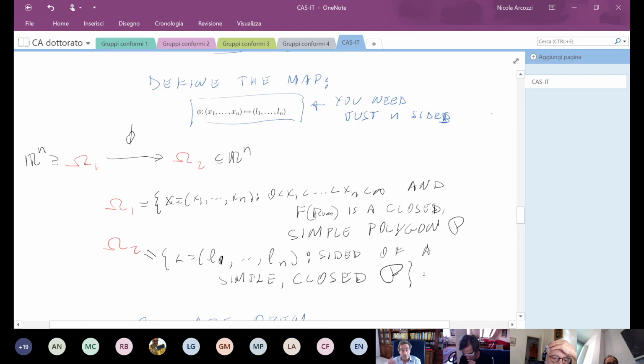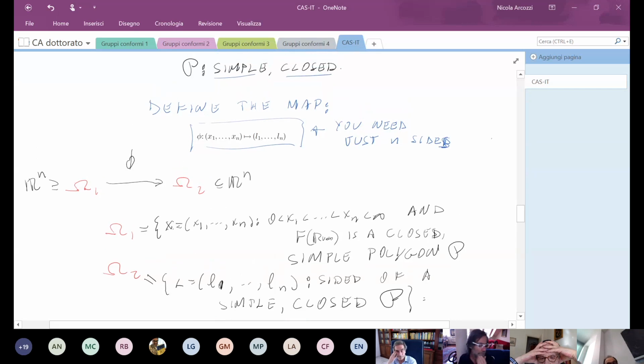But okay, as a starting set, as a domain, you want to have all of the n-tuples, 0 less than x1 less than ... less than xn, with the property that when I consider the Schwarz-Christoffel map, it gives a closed simple polygon P with n plus 2 sides.